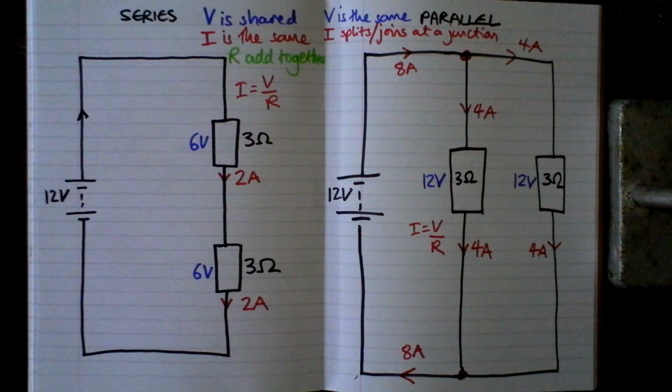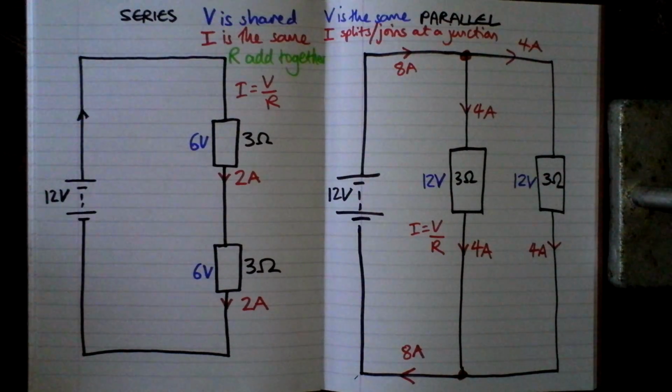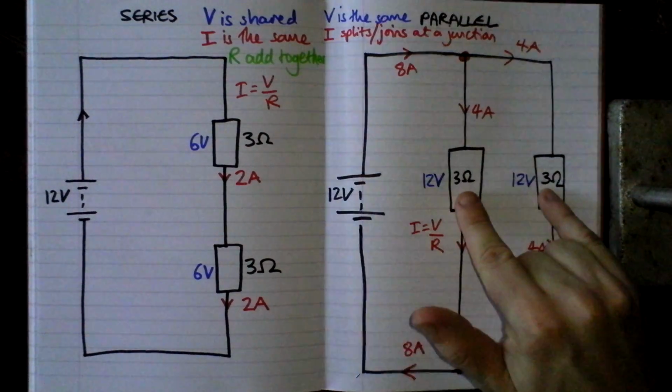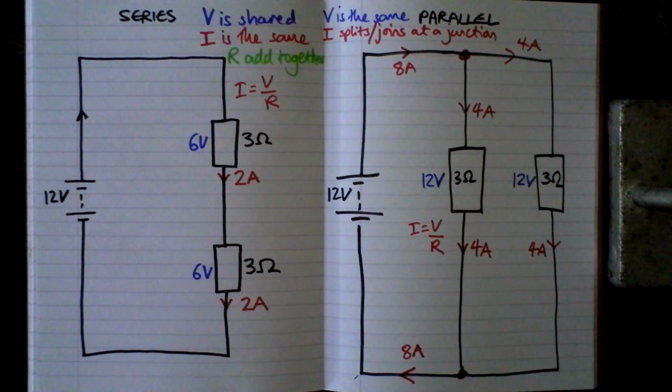You don't need to know how to deal with resistors in a parallel circuit. You don't need to be able to work out the total resistance, but you do need to be able to recognize that if these two resistors weren't the same, more current would flow through the smaller resistor. If you imagine a stream of water from a river gets to a rock and it's got 2 directions to go in, and one's a really wide channel, a really low resistance, most of the water is going to go that way.